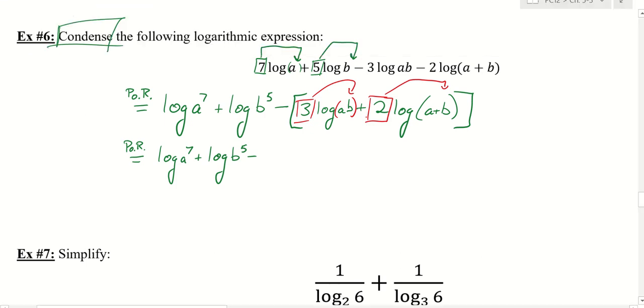So this will look like minus log of ab all cubed plus log of a plus b all squared. And I'll use square brackets for my outside brackets and curvy brackets for the inside brackets.